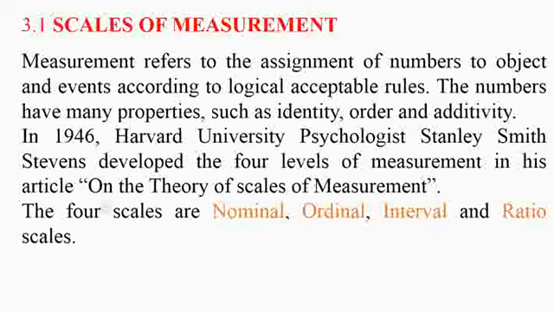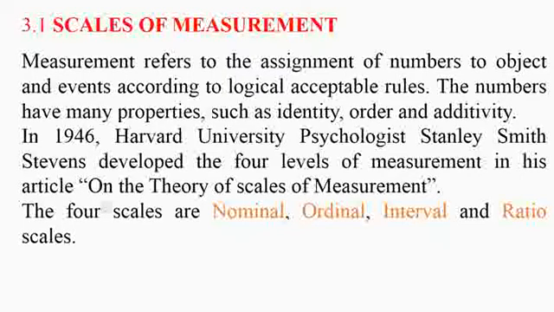In 1946, Harvard University psychologist Stanley Smith Stevens developed the 4 levels of measurements in his article on the theory of scales of measurements. The 4 scales of measurements are the nominal scale, the ordinal scale, the interval scale, and the ratio scale.